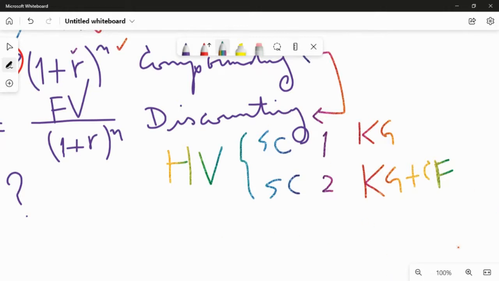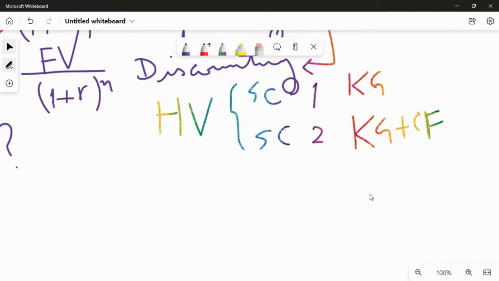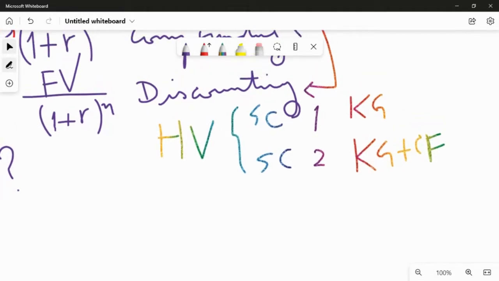So where was I? In scenario one and scenario two, how is it related to this? Think about it. In that house value example, our focus was basically ROI, return on investment.